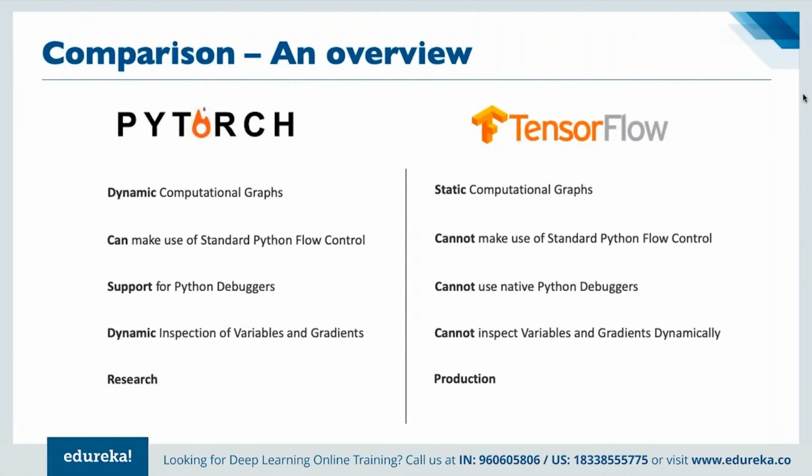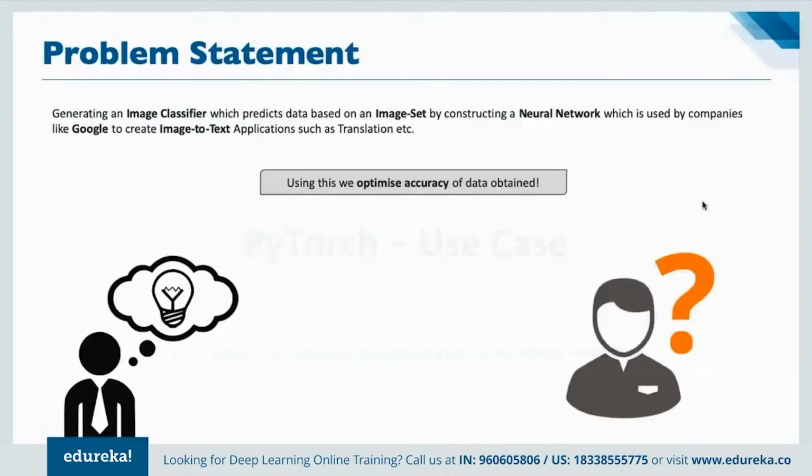Then, if we have to understand the basic use cases of PyTorch, we have seen generating a simple image classifier, which can predict image sets by constructing a neural network. So it is useful for image classification. Just like Google uses image to text applications and translations, we have discussed the use case of Google Lens as well.